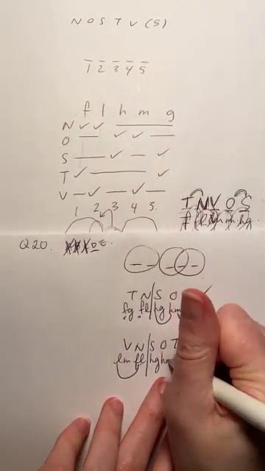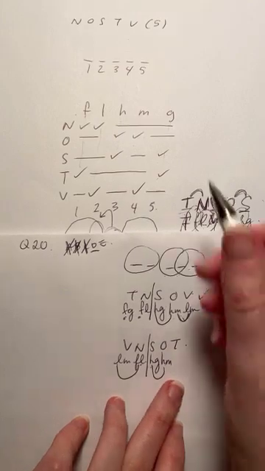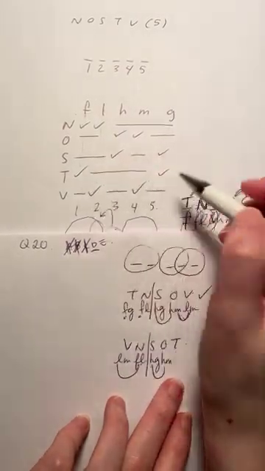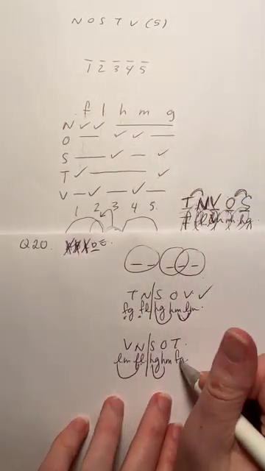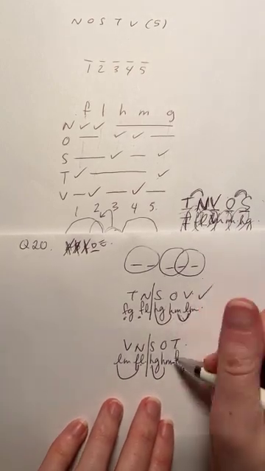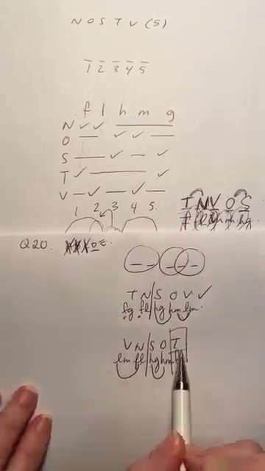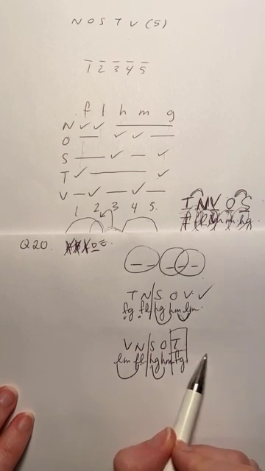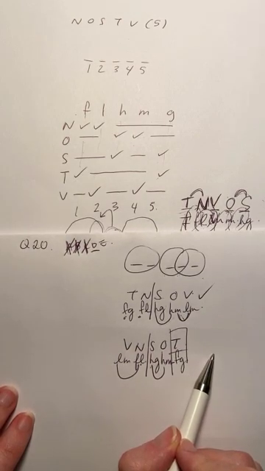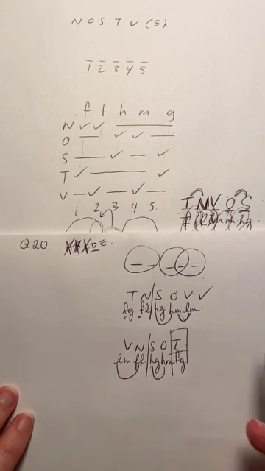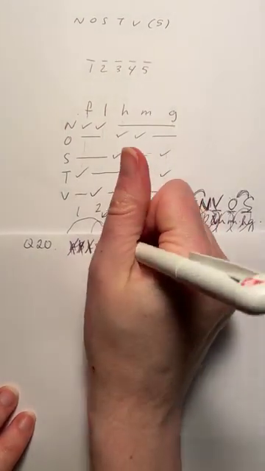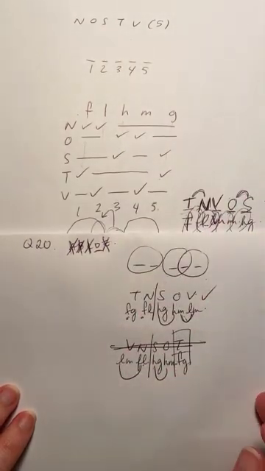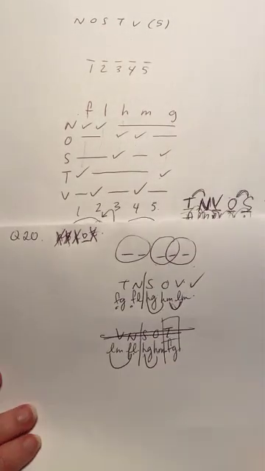O, H, and M. Okay, but T, F, and G, so these two don't have anything in common, and that would leave T to not share a single instrument with the piece performed before it, and since there's no piece performed after it, it's not going to be able to fulfill that first rule, so that confirms E wouldn't work. D is the correct answer, and we can move on from question 20.